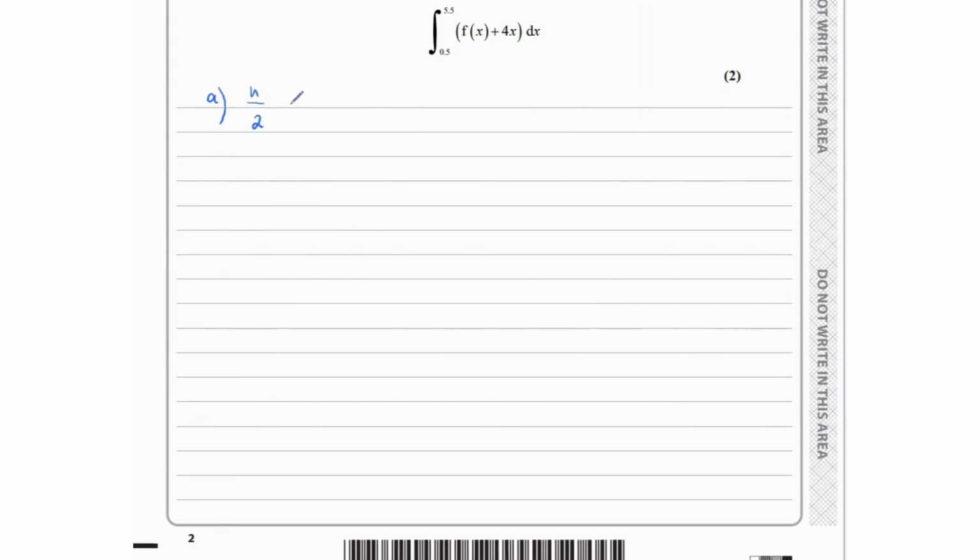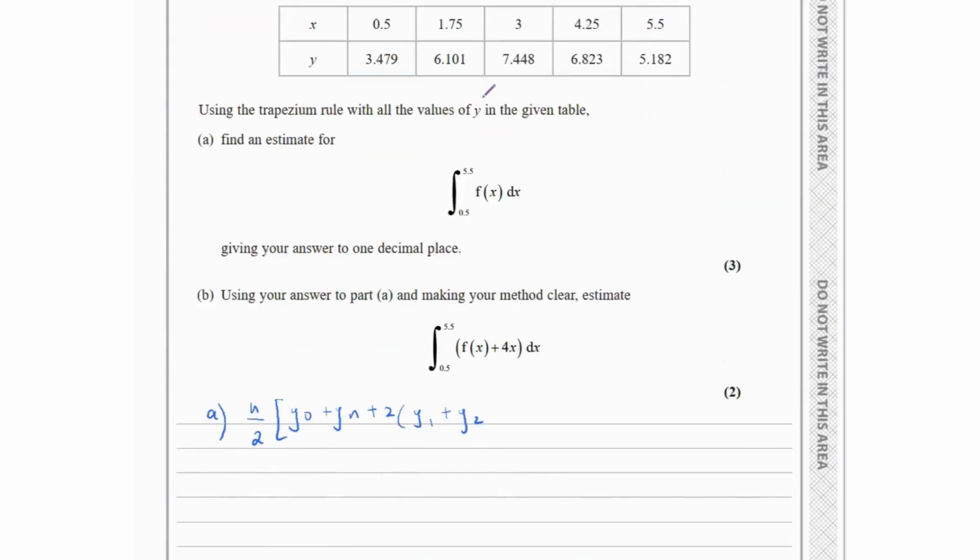H over 2 times y0 plus yn plus 2 times y1 plus y2, and we have y1, y2, y3. So our yn is basically going to be y4. H is going to be the difference between two consecutive x values.